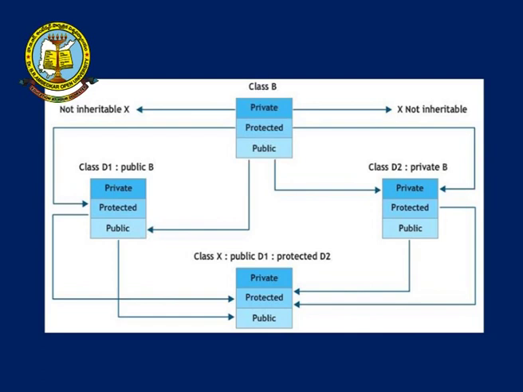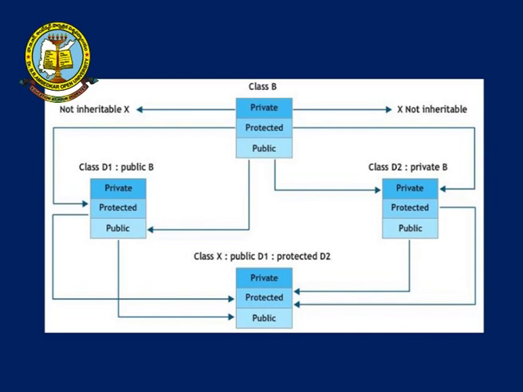Protected mode. And in this case, the D1 members, if you see, there are private, protected and public members. The public members of D1 will automatically become the public members in the class X, because it is a public derivation.